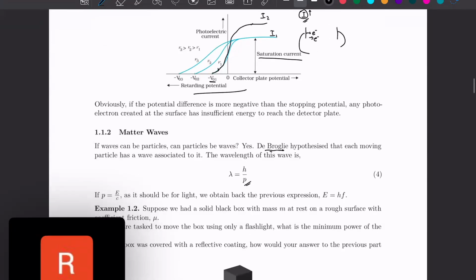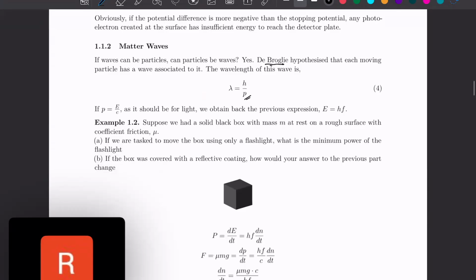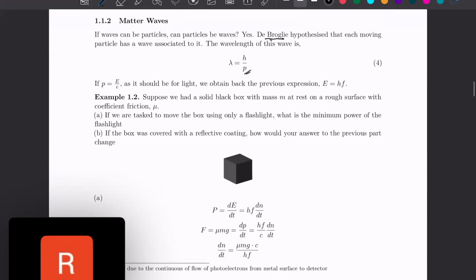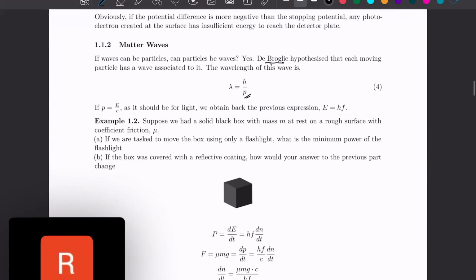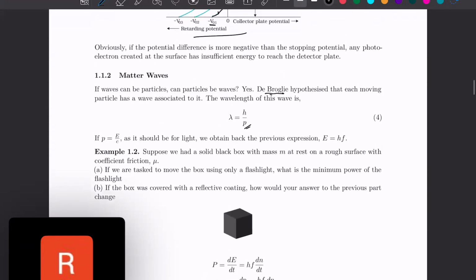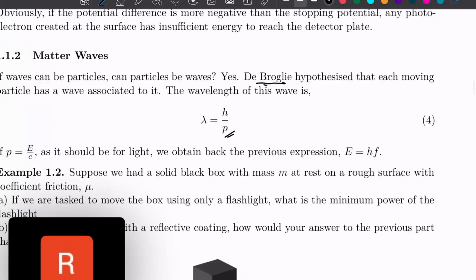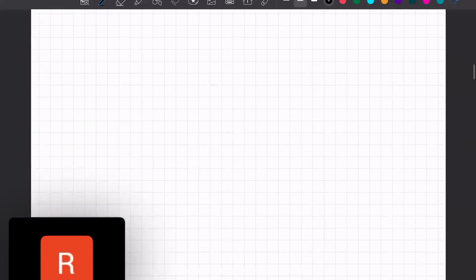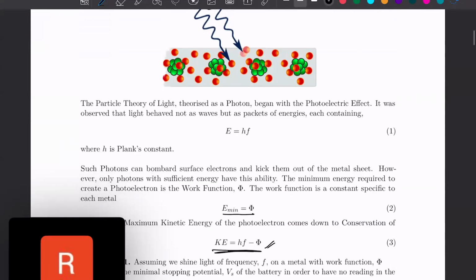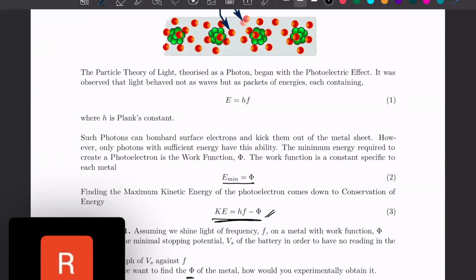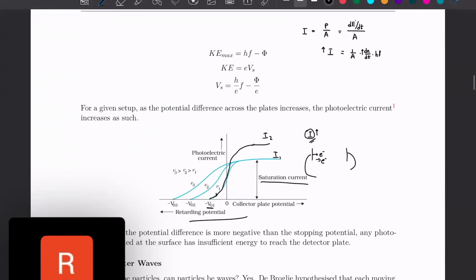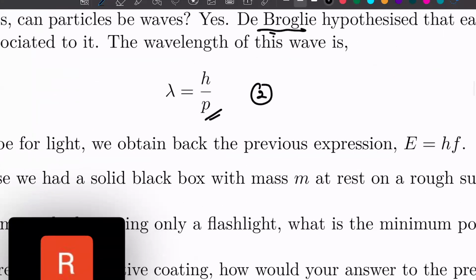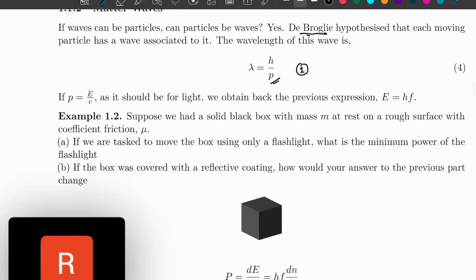Then the second concept was the de Broglie wavelength, which is that any particle can also be thought of as a wave. And this is the expression for that. Maybe I can just highlight the formulas that you have to memorize. So this is formula 2 that you have to memorize. Technically, you can derive this from formula 2 itself. So maybe I'll write this as formula 1. This is the first formula you have to memorize.